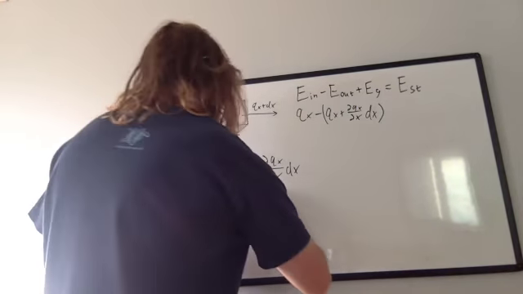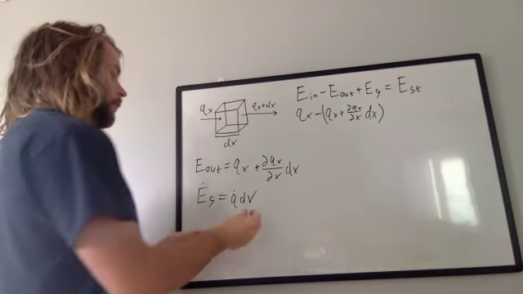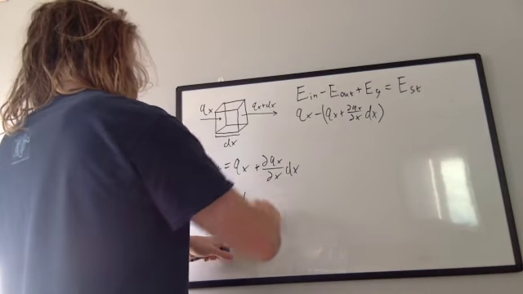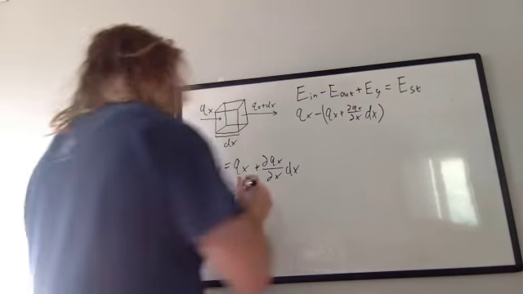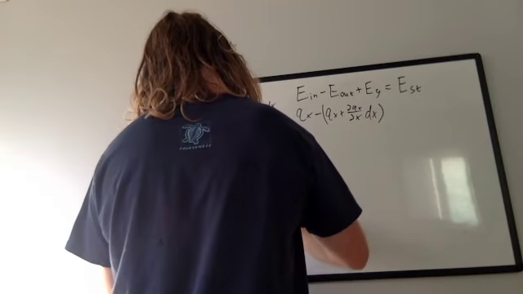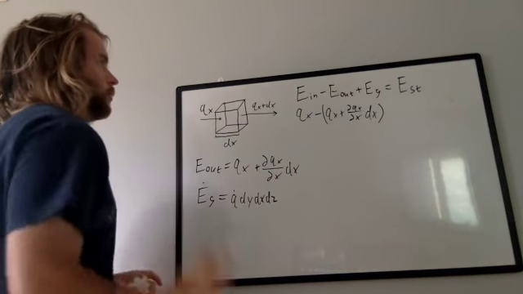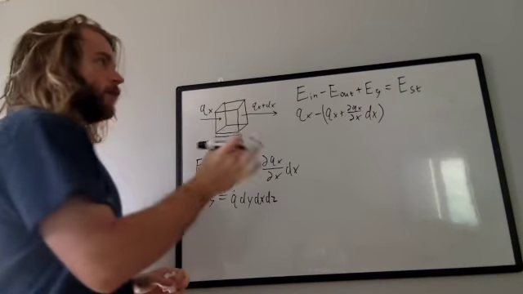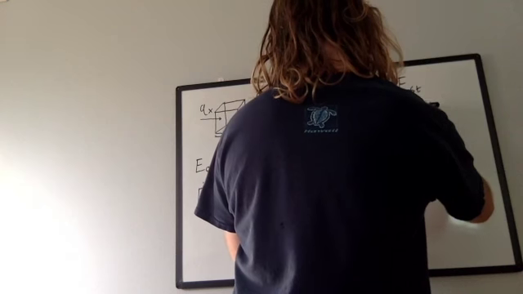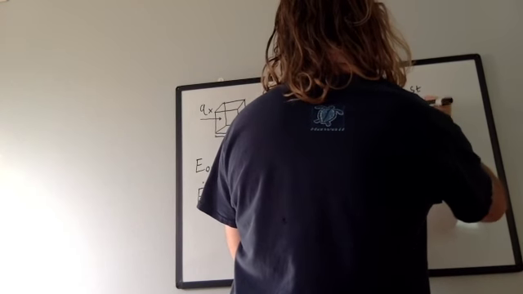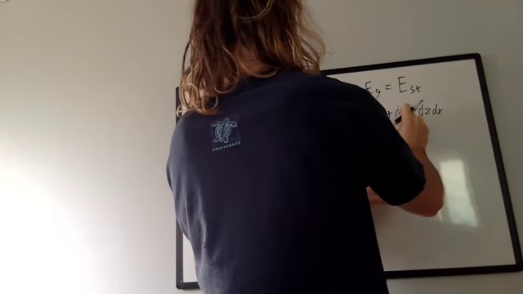So we could write this out as q dV, but we're going to write this out as dx, dy, dz. Those are the same thing. dV is equal to dy, dx, dz. So we'll go ahead and write that out. This is going to be our energy generated within our controlled volume. So this is going to be q dy, dz, dx. This is a q, not an a.